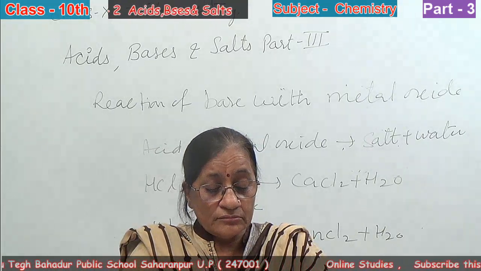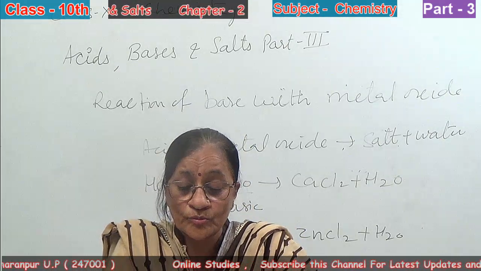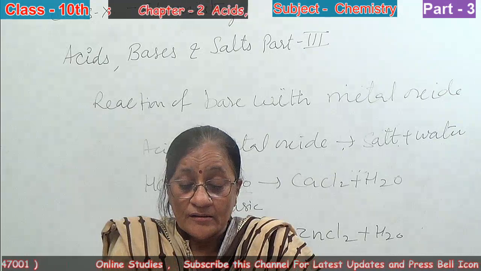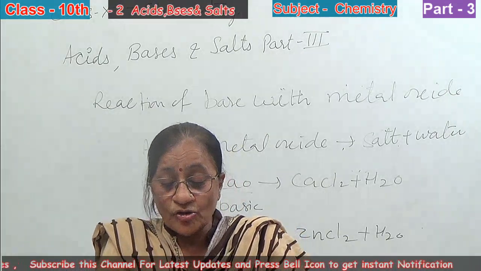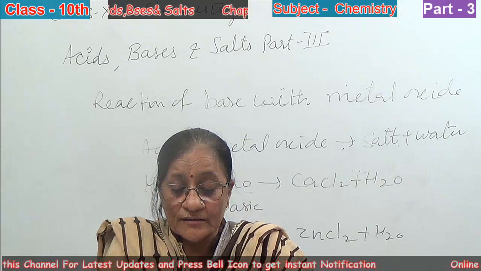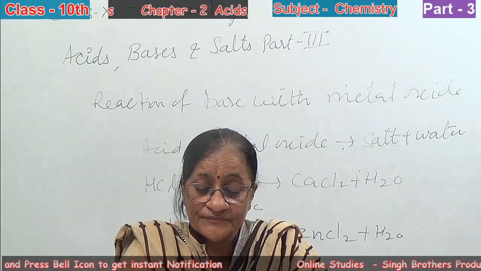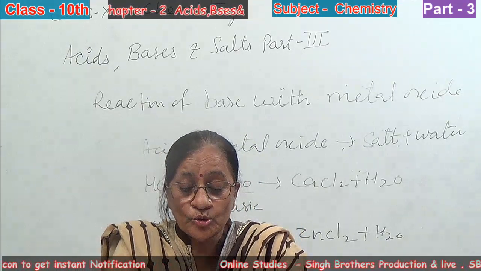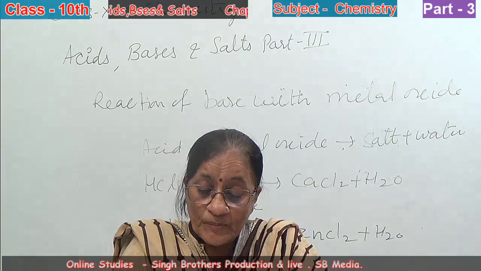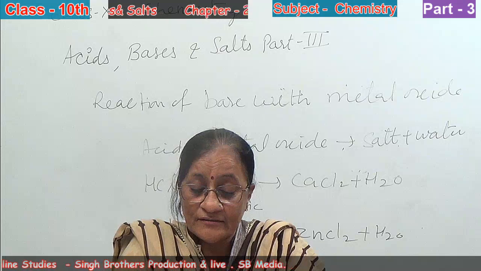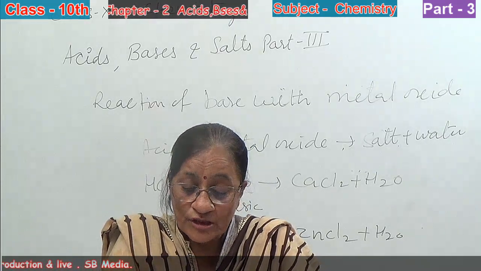Now, what do all acids and bases have in common? I mean, what is there in all acids and all bases in common? While we were discussing the properties of acids, we came to know that all acids have common properties, meaning that they all give hydrogen gas when they react with metals.